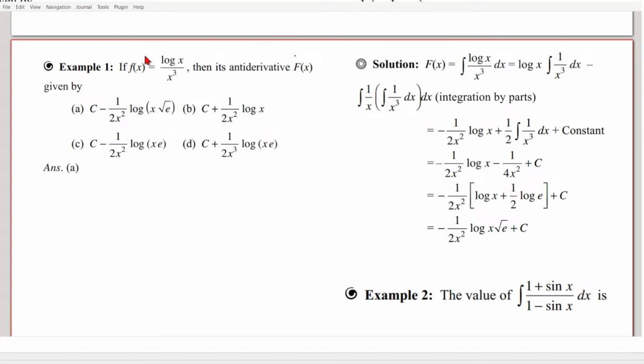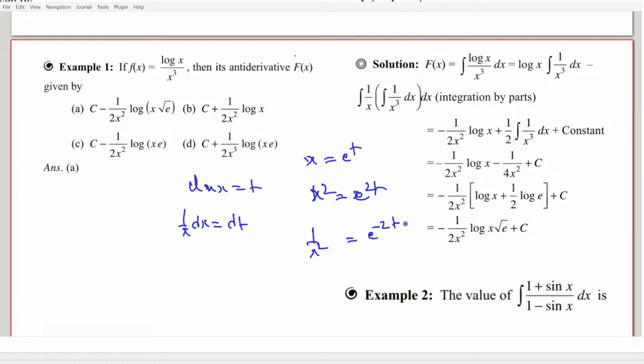If you are taking ln x as t, then 1 by x dx is dt, but what is x? You can try that also; there's nothing wrong in trying. x is e power t, so x square is e power 2t, and 1 by x square is e power minus 2t, since ln x is equal to t.